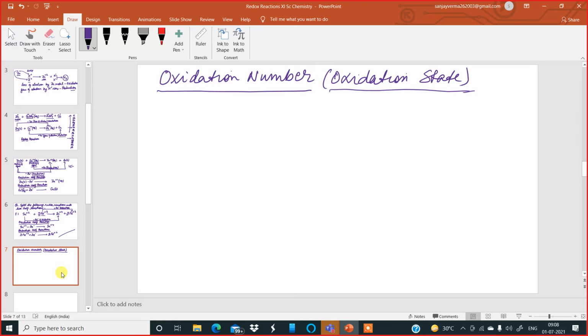For example, we can have Fe plus 2, we can have Fe plus 3, we can have O minus 2. So these charges carried by the species are called the oxidation number or oxidation states. Okay, it is not difficult at all. Are you getting it?